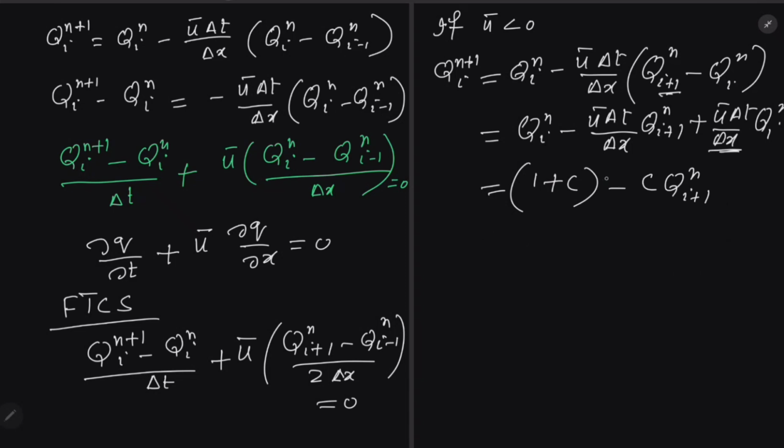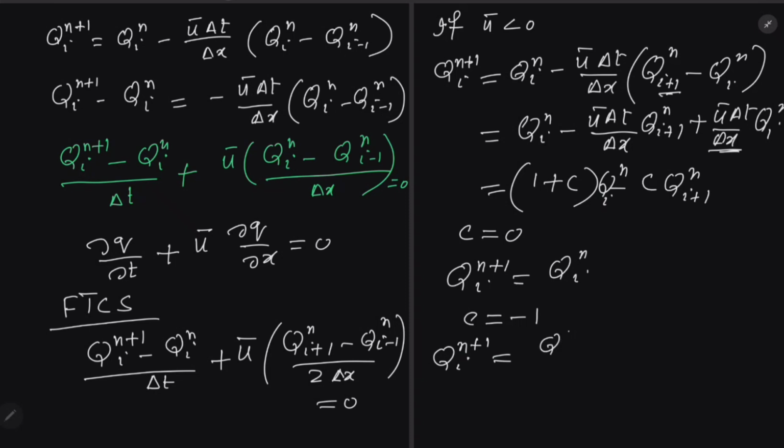In that case, you can see that when C is equal to 0, you have Q_i^{n+1} equal to Q_i^n. When C is equal to minus 1, we have Q_i^{n+1} equal to Q_{i+1}^n. That's where the information is coming from. So it means that C should be between minus 1 and 0. Let me summarize that. If U bar is greater than 0, C is from 0 to 1.